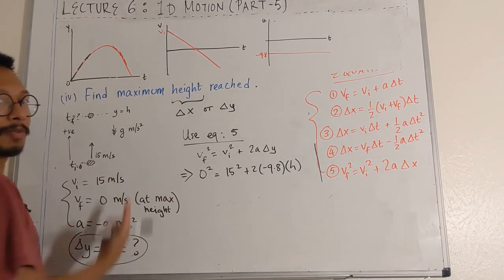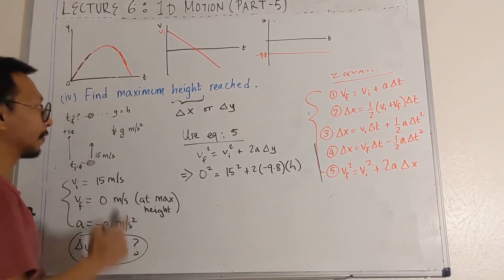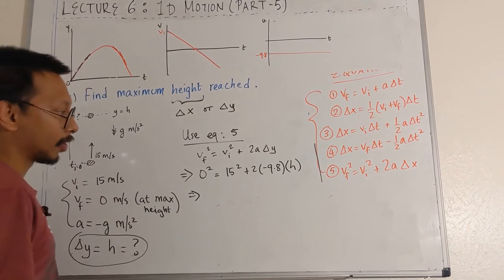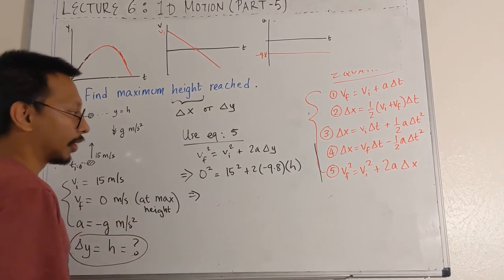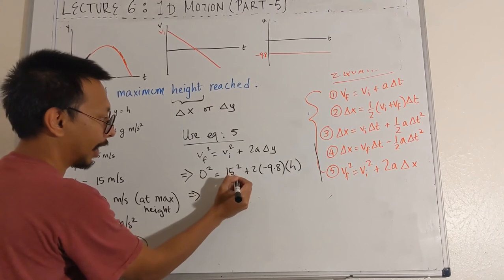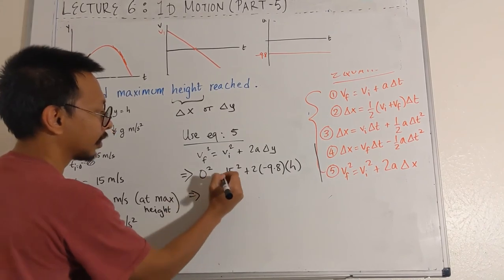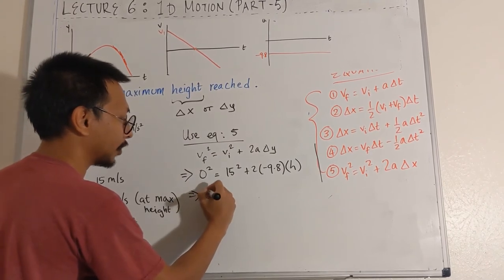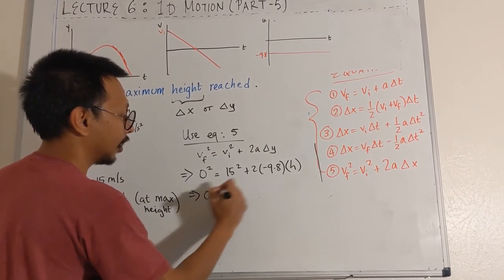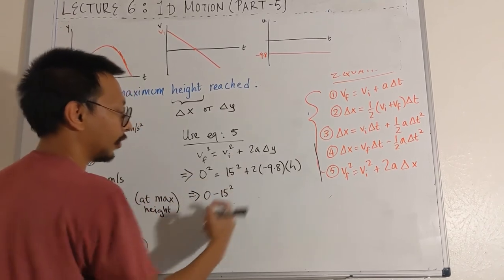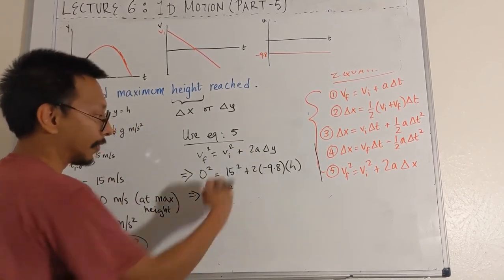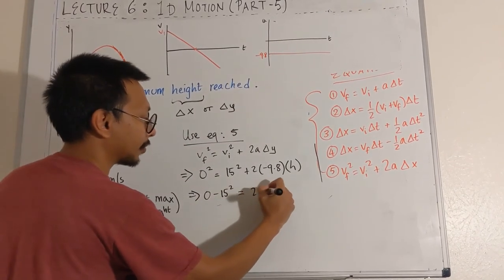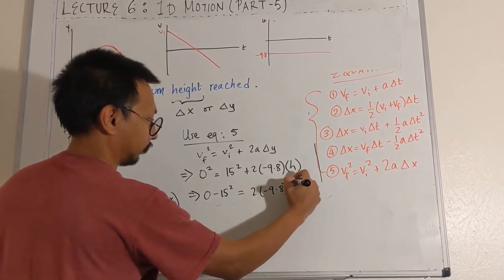Because displacement is up and up is positive, so it goes up to a height h, so that's why h is positive. So we can do some algebra. Bring 15 squared on this side, that is, subtract 15 squared from both sides. So we have 0 minus 15 squared, and 15 squared minus this whole thing on this side tells me that 15 squared is no longer on this side. So here we have 2 times minus 9.8 times h.